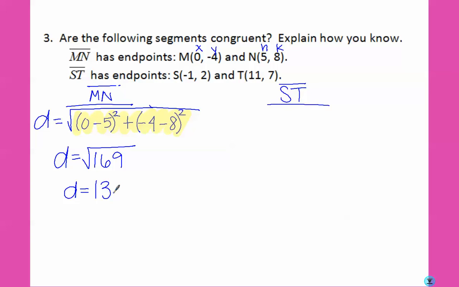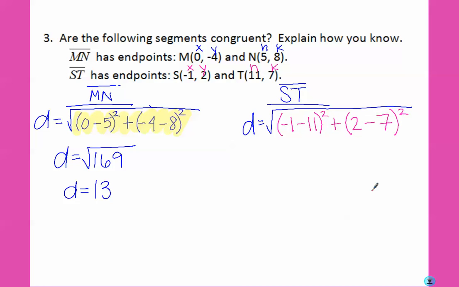So let's find the length of ST. The distance equals the square root of (X minus H) squared plus (Y minus K) squared. We're going to put X and Y for S and H and K for T. Again, we're going to use our calculator to help us out.